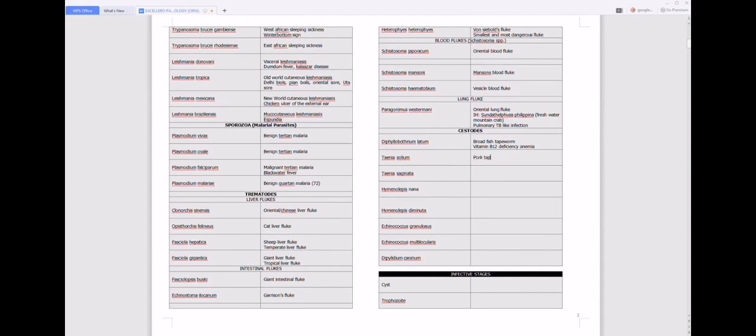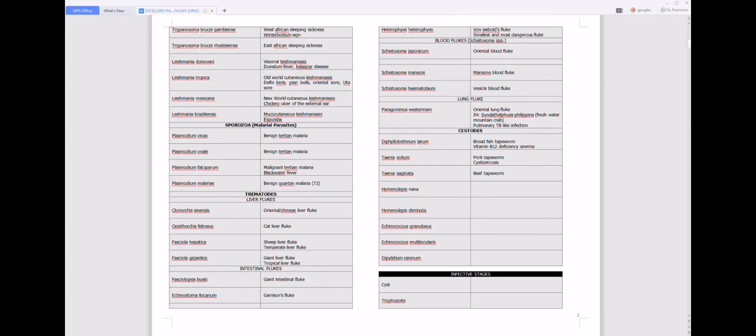Okay? It can also cause cysticercosis. Taenia solium can cause cysticercosis, while Taenia saginata is the beef tapeworm. They are called pork tapeworm and beef tapeworm because you can acquire them through ingestion of poorly cooked pork and beef. So solium pork, saginata beef.